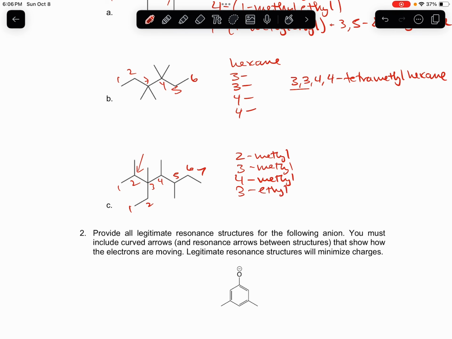So the ethyl comes first. So this is 3-ethyl-2,3,4-trimethyl heptane.